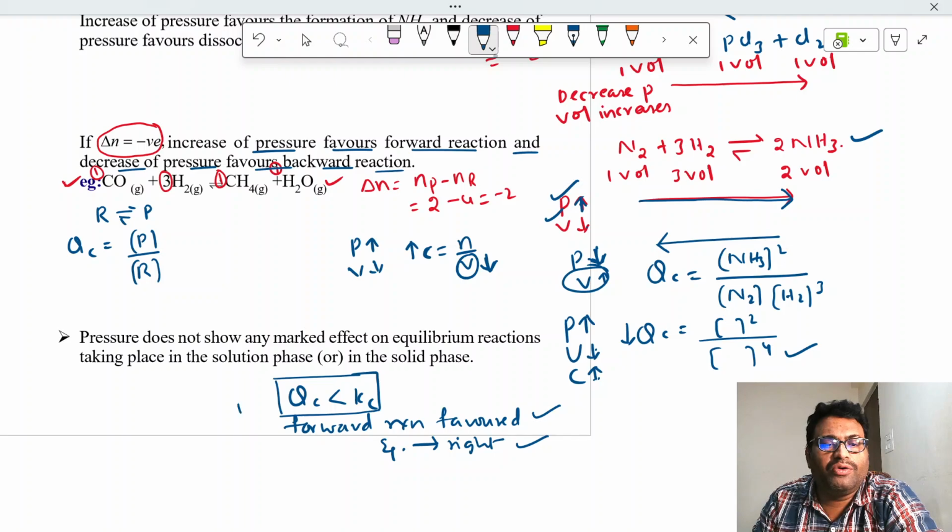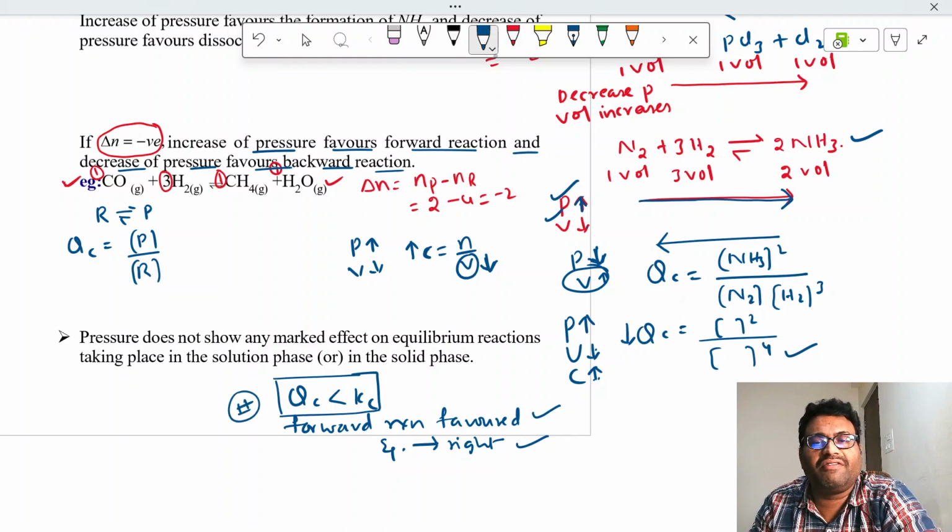So this is how in JEE Mains level or NEET level examination the question can be asked. In these factors affecting equilibrium constant, theoretical type of questions can be asked, correlating with this Qc and Kc.